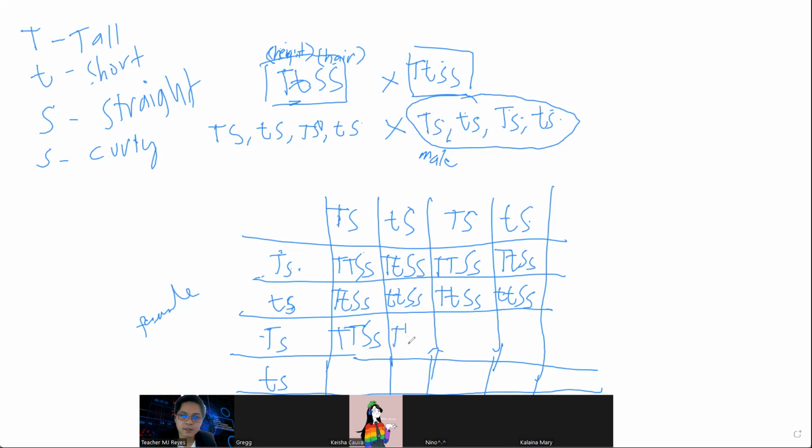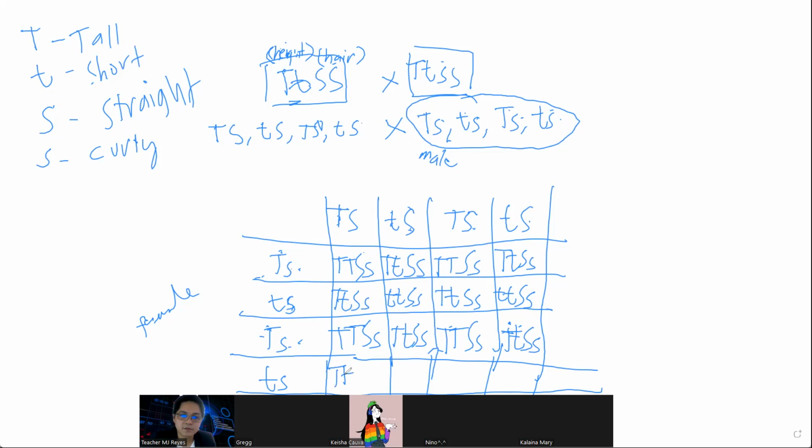Again, heterozygous tall because we have capital letter T and small letter t here. Capital letter S to small letter s. So we have heterozygous straight. Homozygous tall to heterozygous straight. Capital letter T to small letter t. This is heterozygous tall to a heterozygous straight. How about this one?